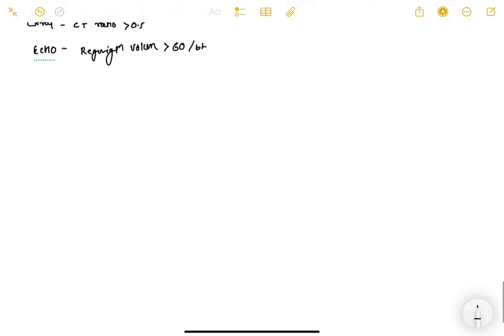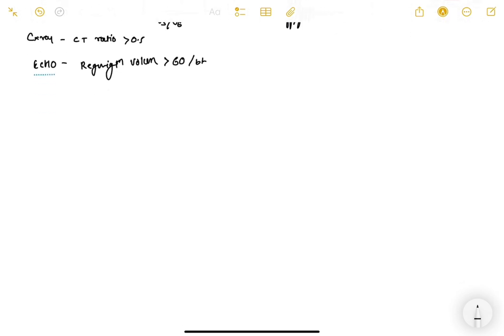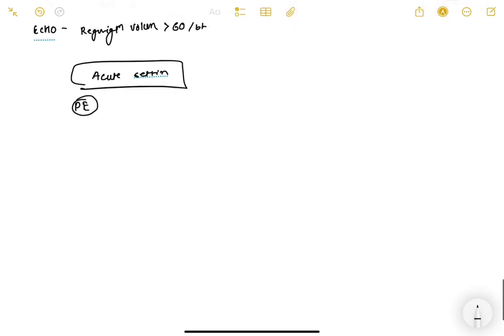So what is the treatment? There is a different treatment in acute setting and in chronic setting. In acute setting, there is pulmonary edema and we want fluid to be removed from body. So what do we use? Furosemide.